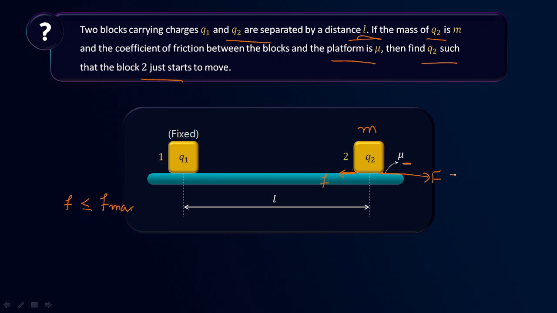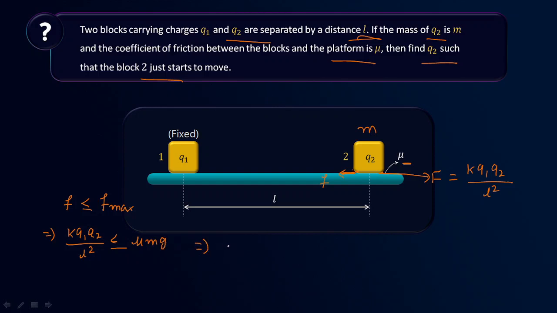Here the force acting is F equals K Q1 Q2 divided by L square, right? So this force, K Q1 Q2 divided by L square, will be less than or equal to mu times mg.